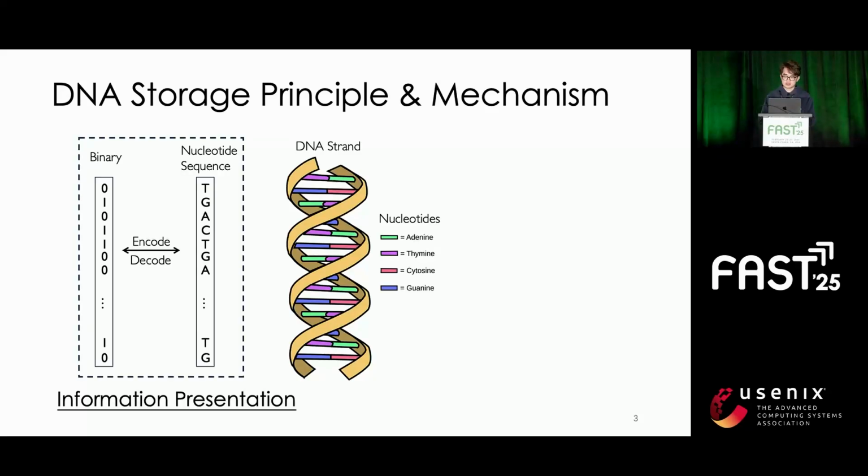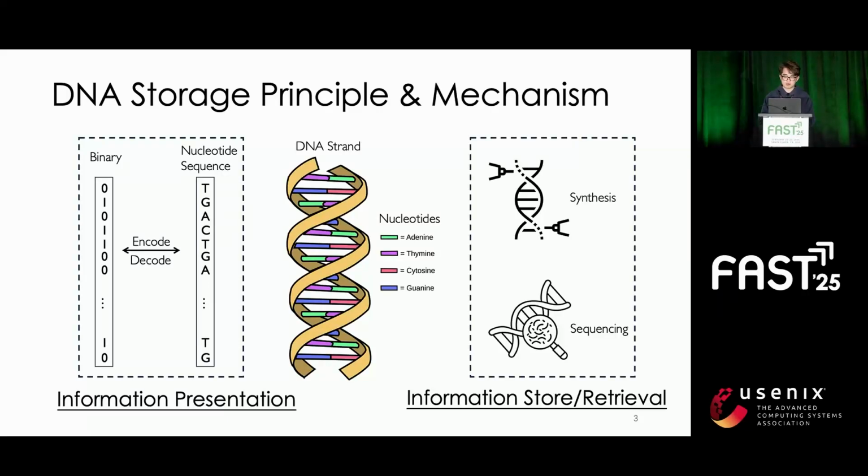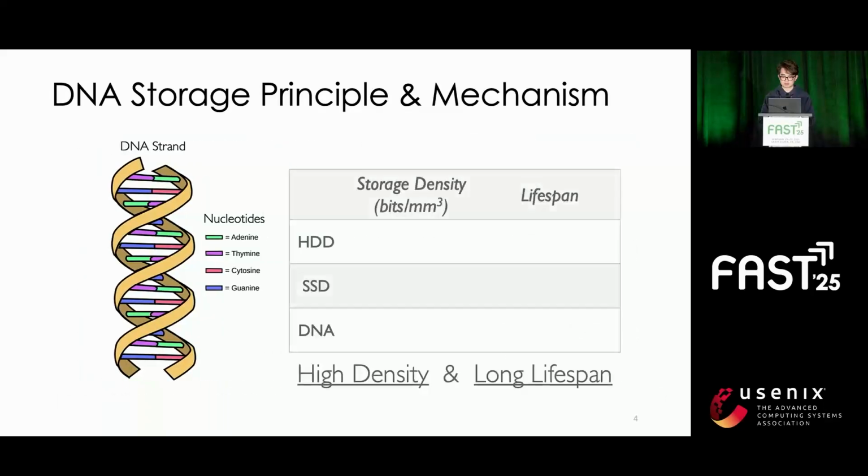Specifically, each DNA strand has its corresponding nucleotide sequence, so we use this nucleotide sequence to present information. Furthermore, DNA synthesis technology enables us to synthesize DNA of a specified sequence, and DNA sequencing technology enables us to read the nucleotide sequence of a DNA strand. With these 2 techniques, we can store and retrieve information in DNA.